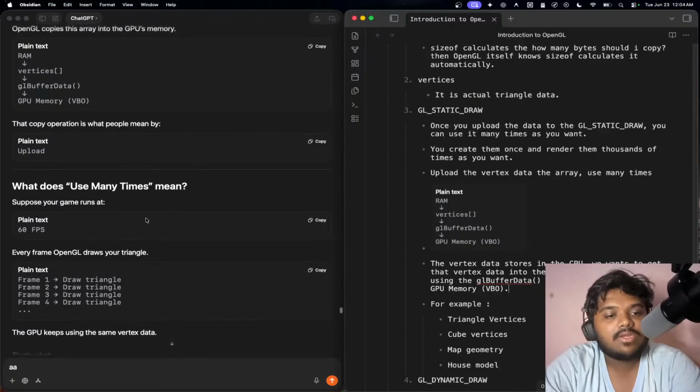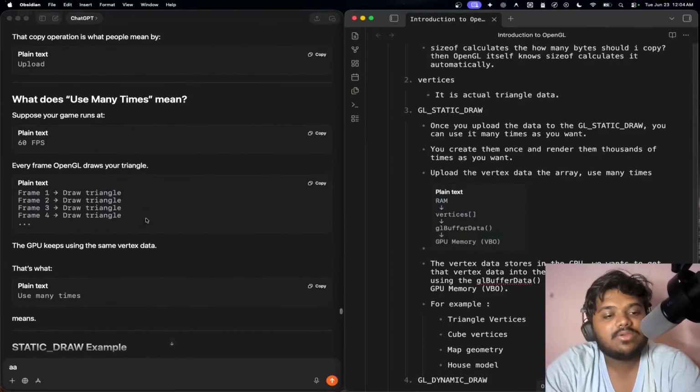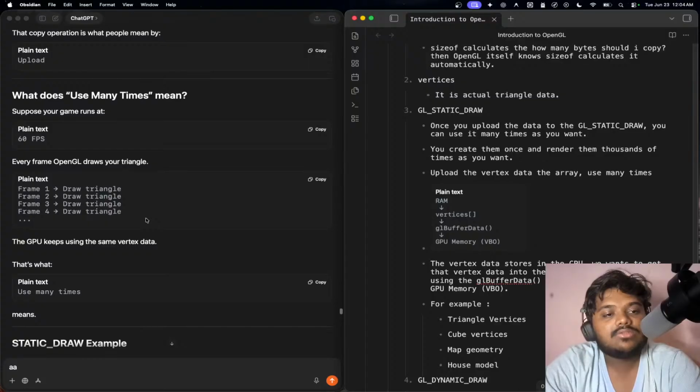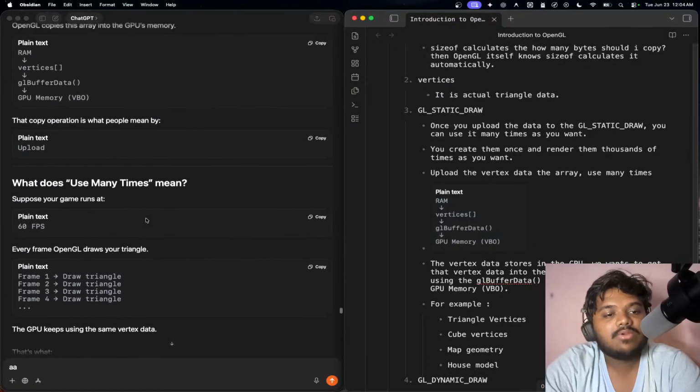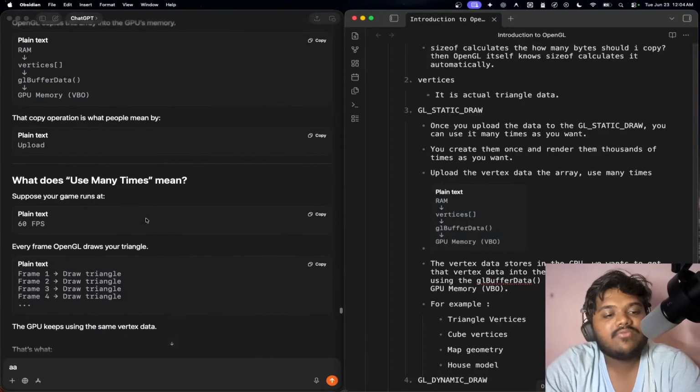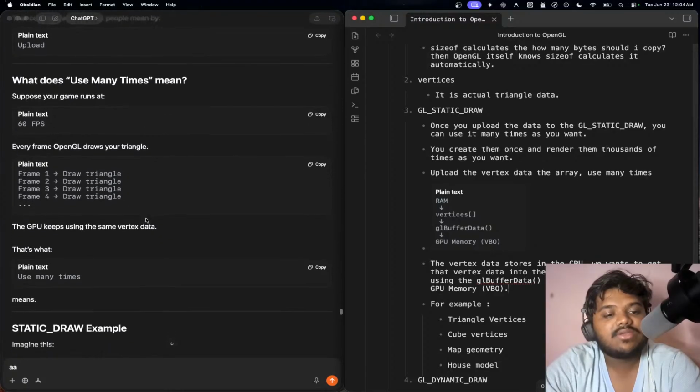Suppose your game runs at 60 fps, every frame OpenGL draws your triangle, and the GPU keeps using the same vertex. That is what use many times means.